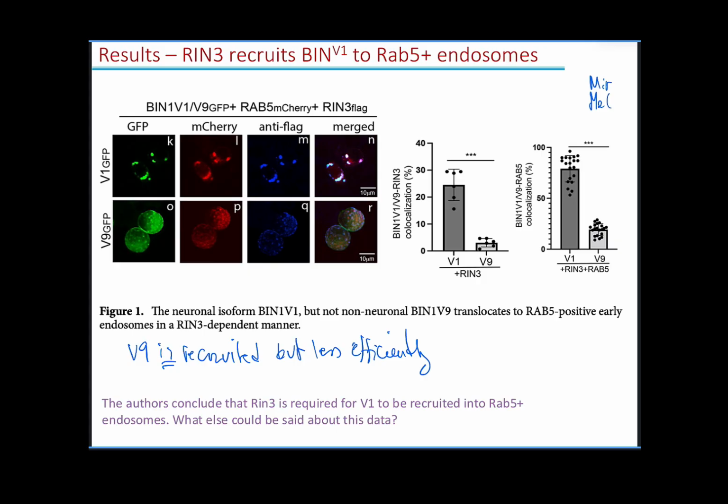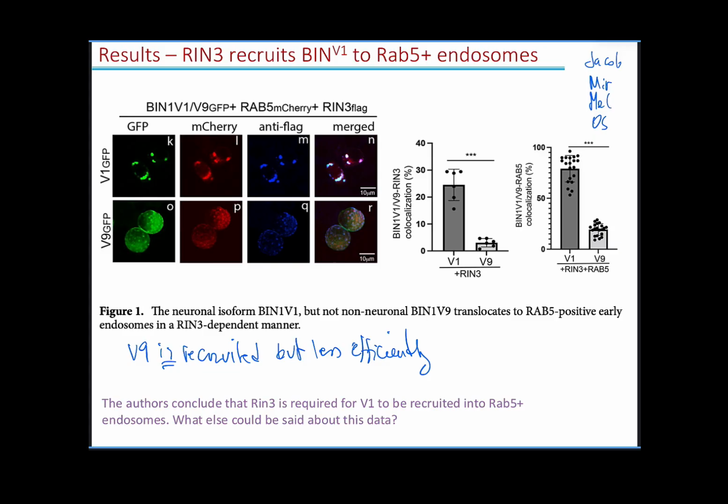Jacob? The activation of Rab is not entirely dependent on V1. Say it again, the activation of Rab. It'll still show up even if there isn't that many V1, V2. And when you say activation of Rab, what do you mean?